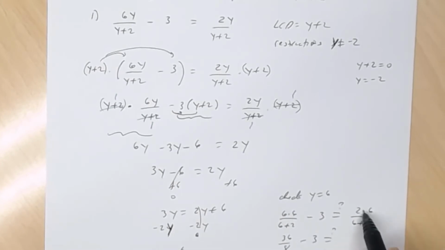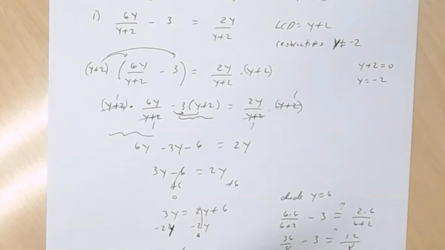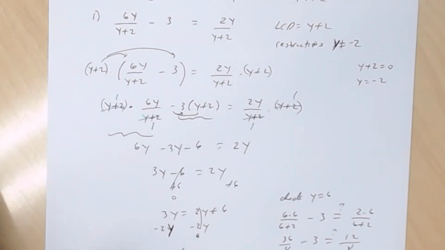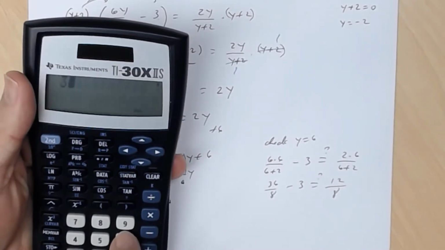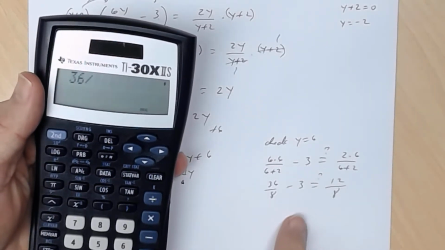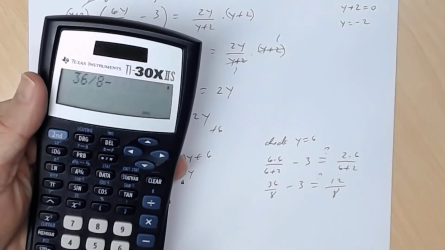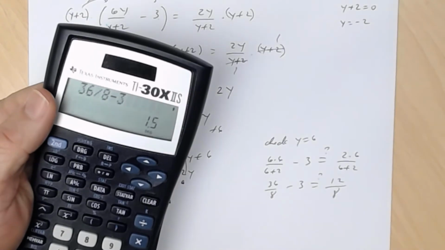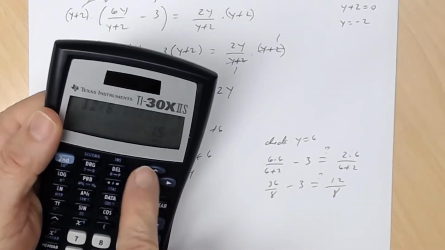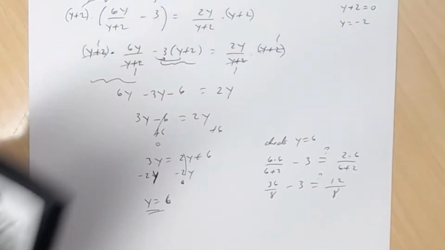And I want to see if that's going to equal 2 times 6 is 12. 6 plus 2 is 8. All right, just use your calculator with that part now. So I want you to notice something. 36 divided by 8 minus 3 equal 1.5. And then 12 divided by 8 equals 1.5. All right, so that was correct.